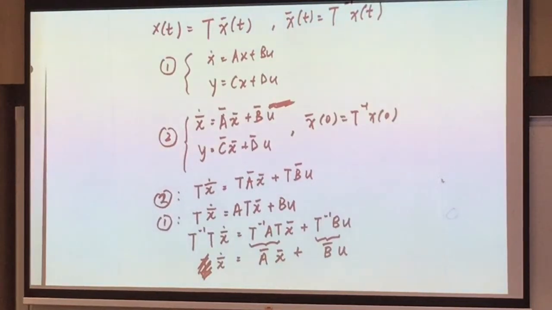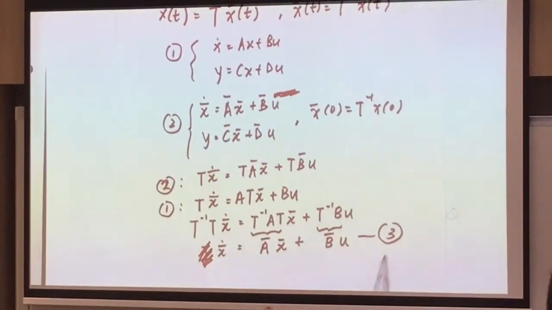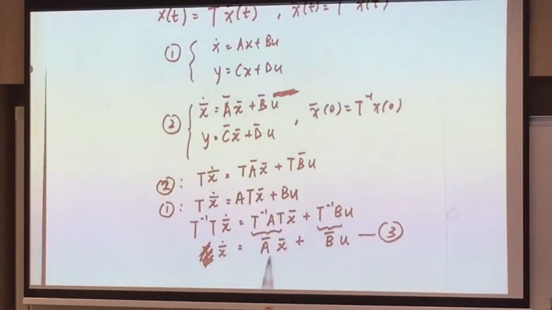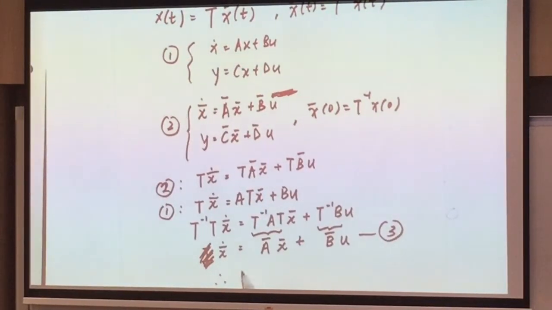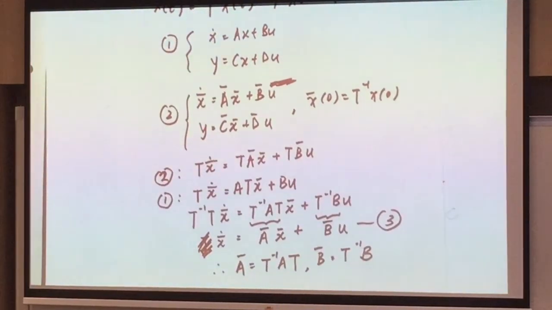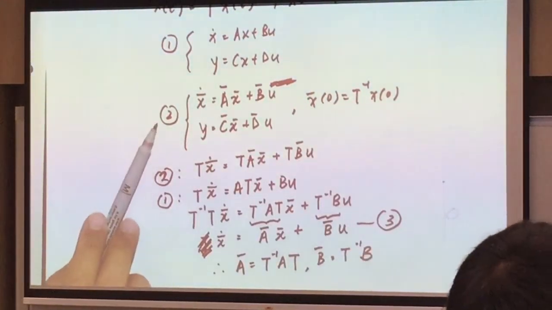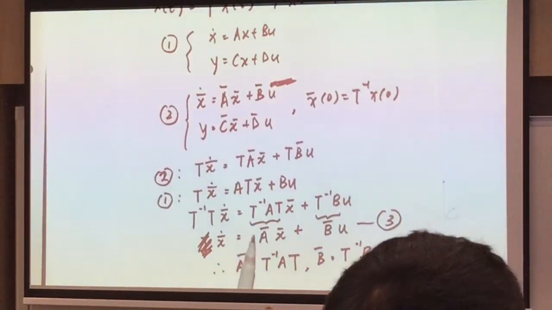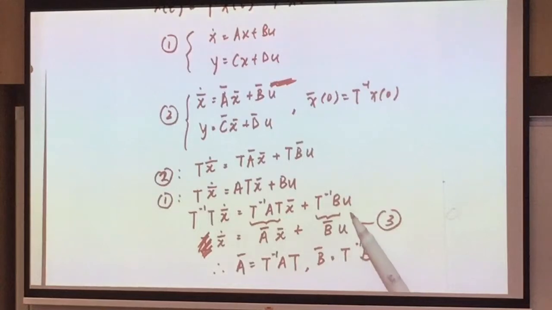So x bar dot equals A bar x bar plus B bar u. If you compare this, 3 to 2, it's very obvious that A bar is T inverse A T, and B bar is T inverse B.